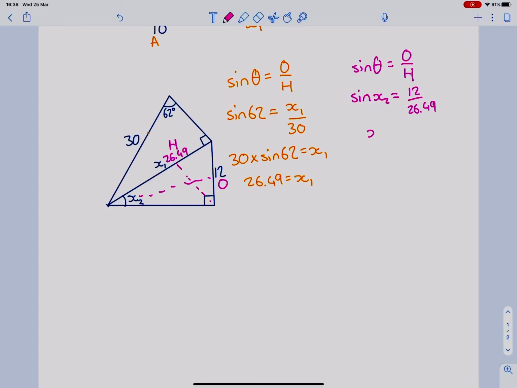Then do the inverse sine, so sine minus 1 of 12 over 26.49. Type that into your calculator, so shift and then sin, and then the fraction 12 over, and then you can use the ANS button again, or you can type in the 26.49 if you want to. That gives you an answer of 27 degrees if we round it to the nearest degree.